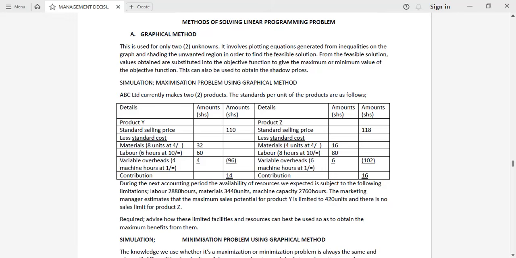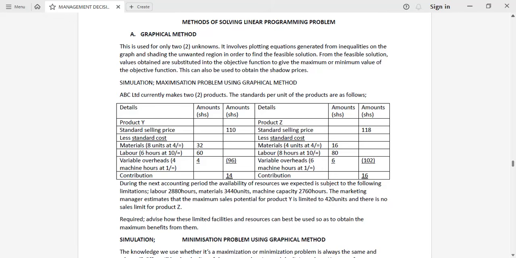And it is that area that is going to help us satisfy the objective function. We shall pick those values that are going to either maximize or minimize the objective, whichever objective they want us to achieve. And it is on that same feasible region where we are going to get the shadow prices.